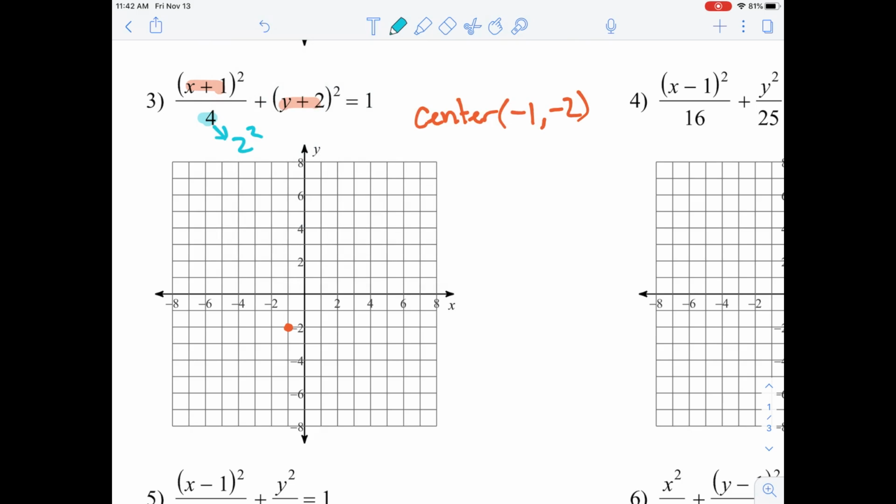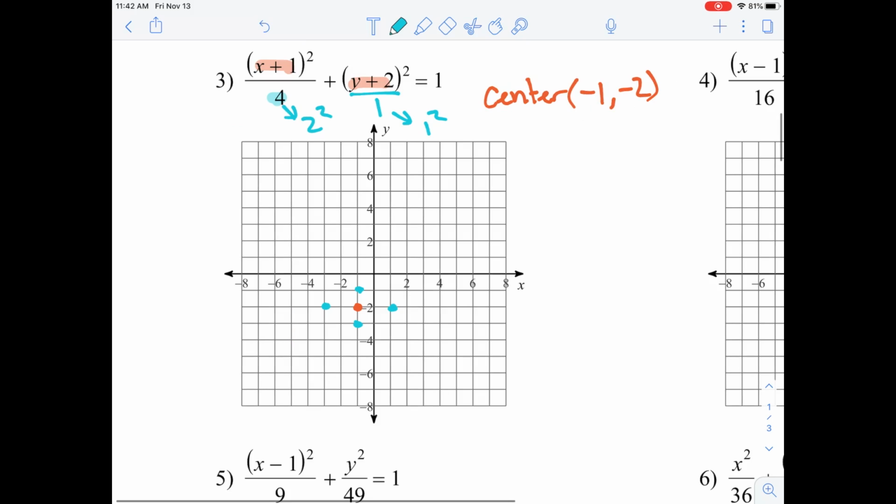So from our center, I'm going to go left and right 2. Now, our y squared term doesn't have a denominator. We can write that as 1, and the square root of 1 is 1, so the radius in the y direction is 1. So we'll draw the ellipse.